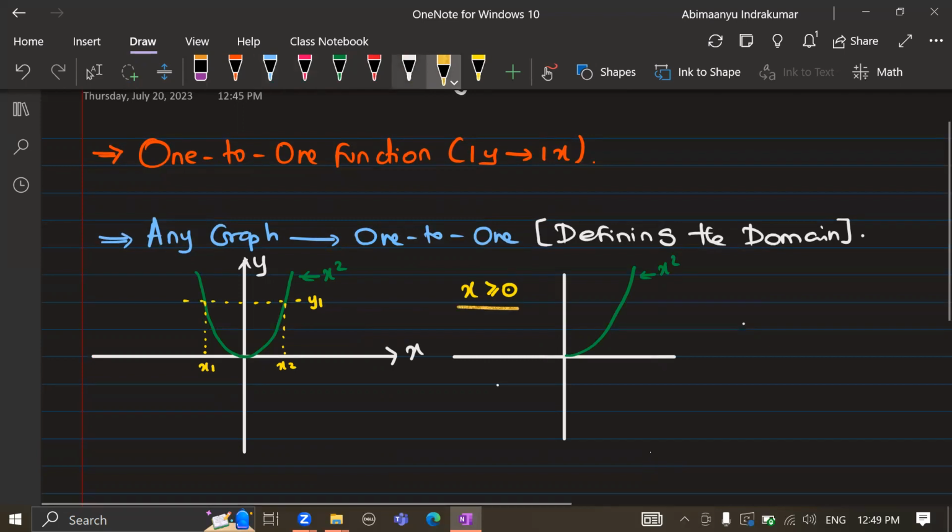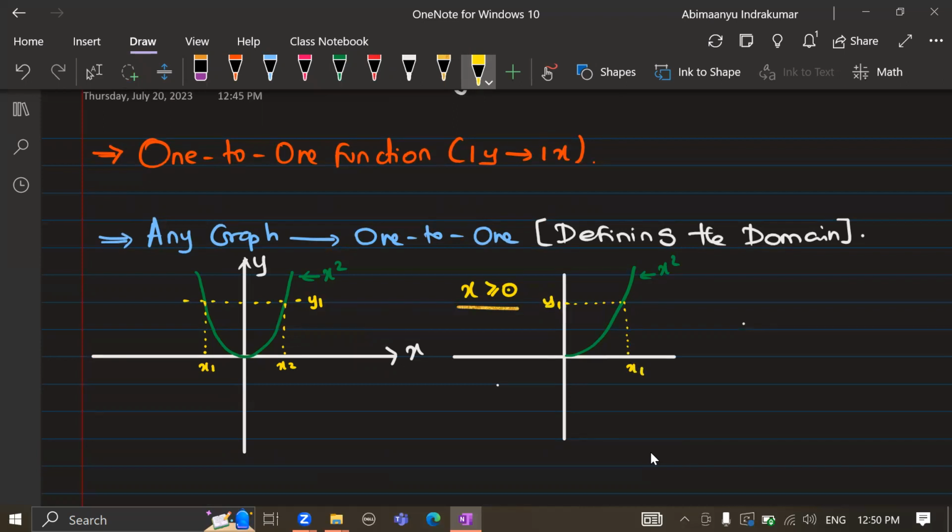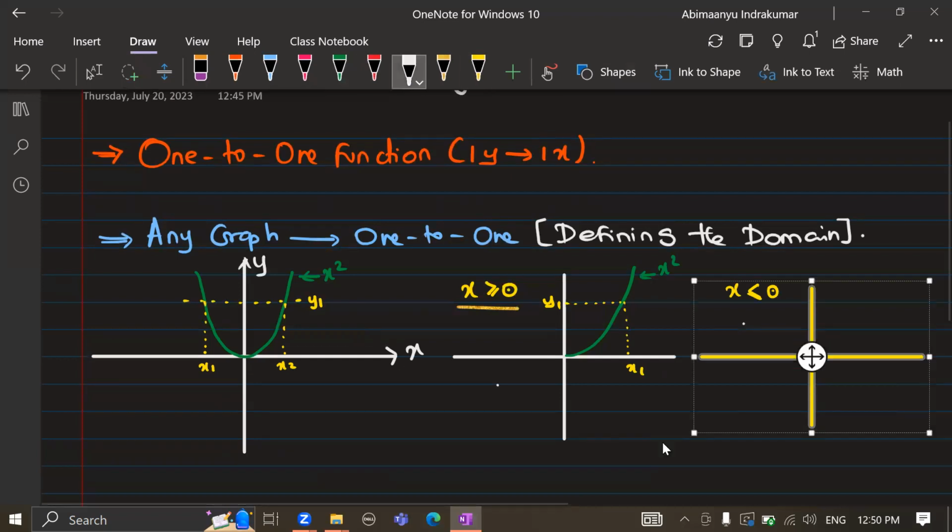If we look very carefully, there is only one x value for its corresponding y value. In the same manner, another way is simply by defining x as less than or equal to 0. Then the graph would simply look like this.